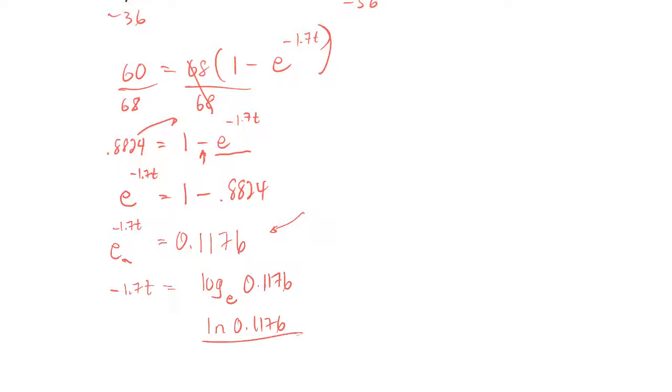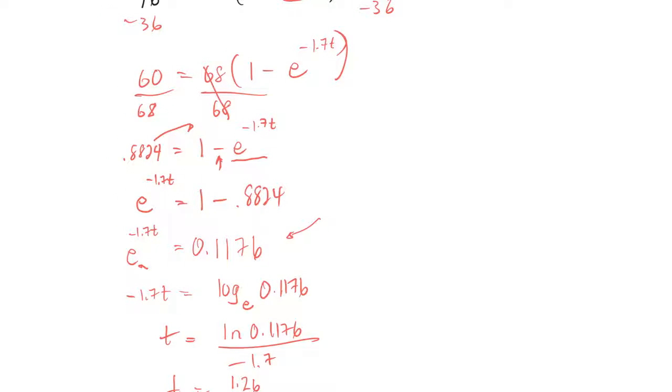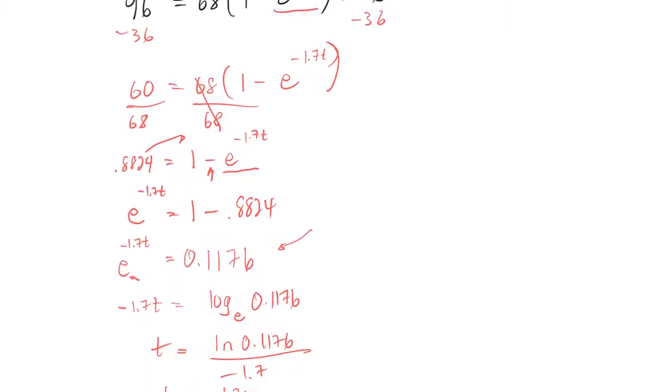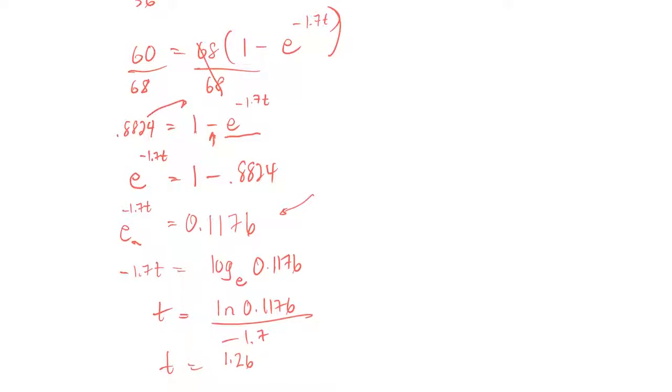Then I'll divide both sides by negative 1.7. So t equals 1.26, call it, so 1.3 months, maybe. Okay, so that's that question. Let me just answer the question. The top says, when will the value of the stock be $96? After 1.3 months.